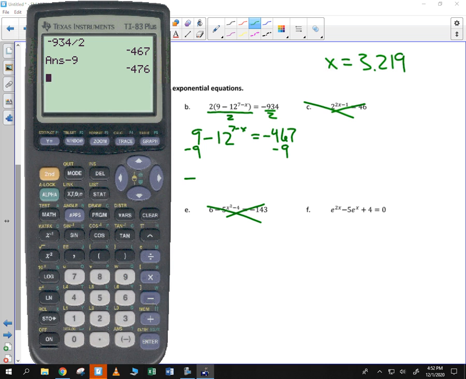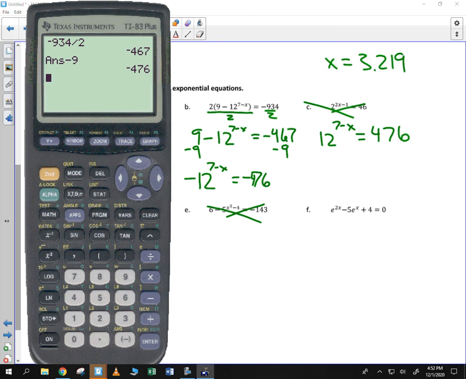So I still have that negative 12 to the 7 minus x is equal to negative 476. Get rid of the negative, and I have 12 raised to the 7 minus x is equal to 476. Now I want to get rid of the 12. So I take the log base 12 of both sides.